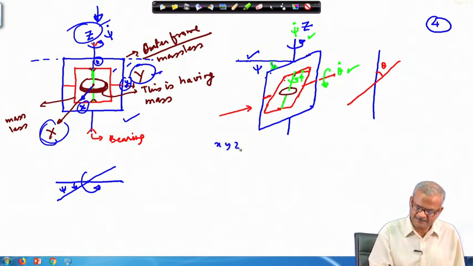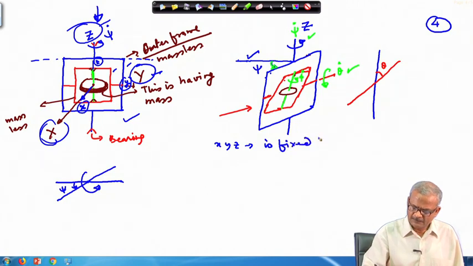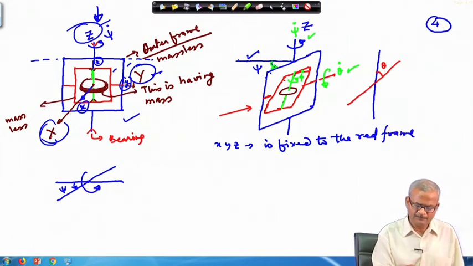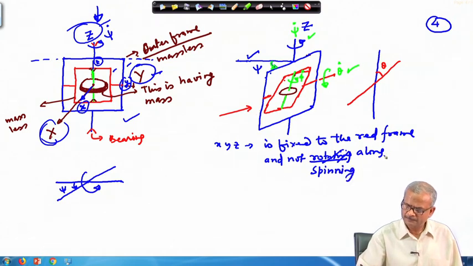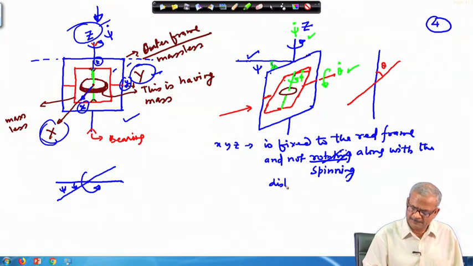So, this x, y, z axis is fixed to the red frame here. It is not rotating, or rather spinning, along with the disk.